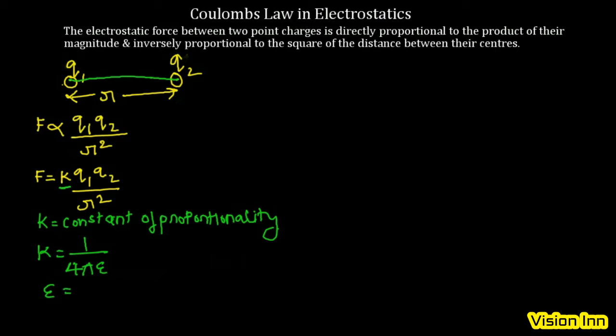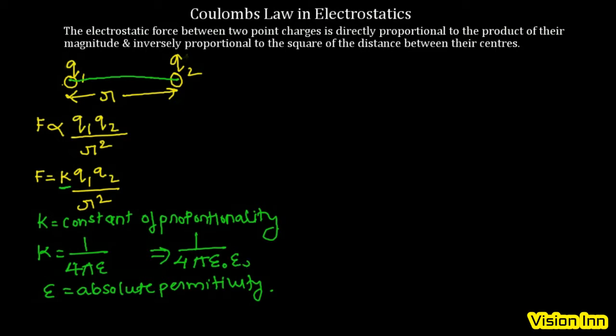Epsilon is absolute permittivity. We can write this further as 1 upon 4 pi epsilon naught epsilon r.